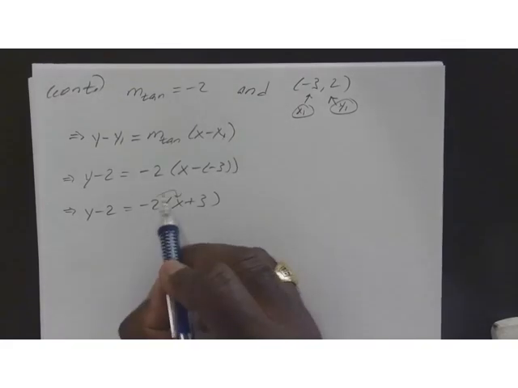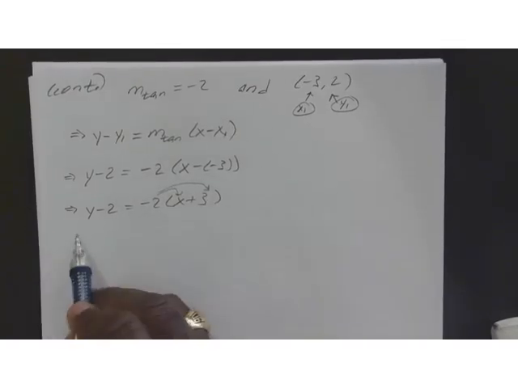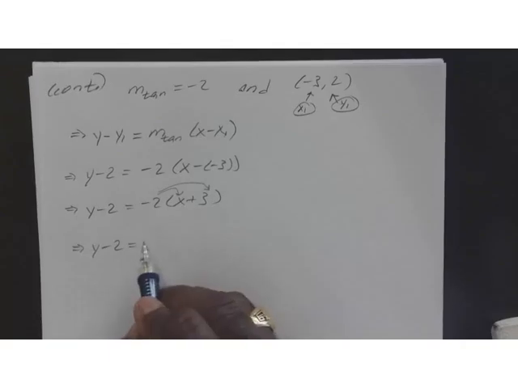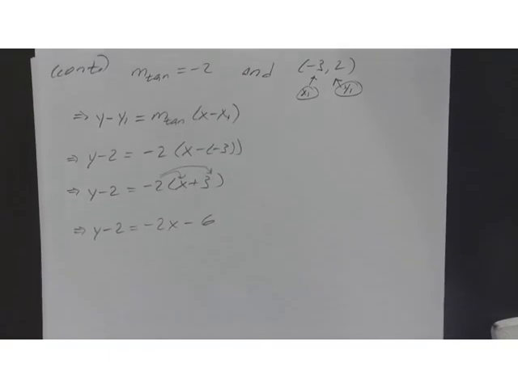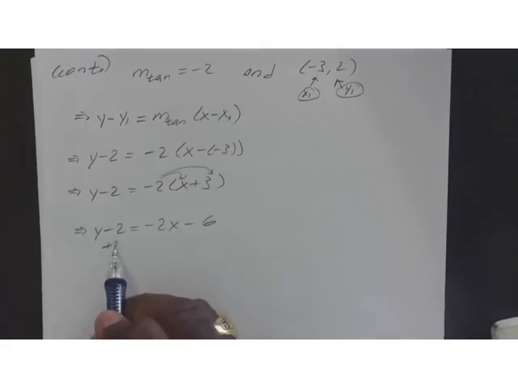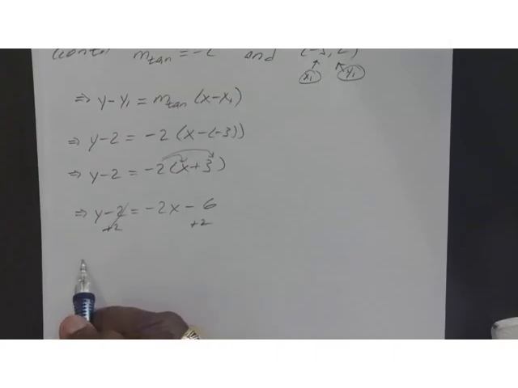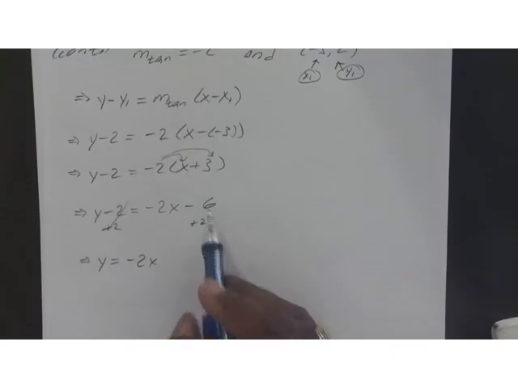So if we distribute that negative 2, it gives us y minus 2 is equal to negative 2x minus 6. And if we add 2 to both sides, it gives us y is equal to negative 2x minus 4.